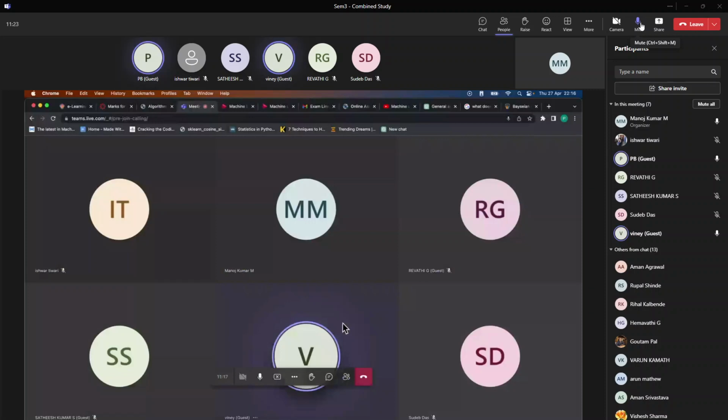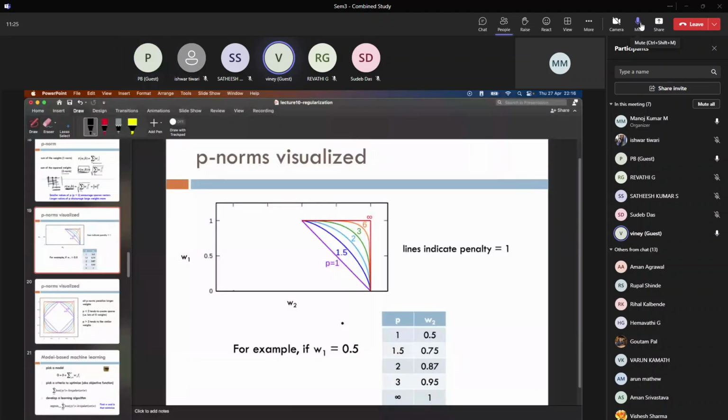Till that point, if you can create some material and share with us, we will be much more prepared when you go ahead with how it works from P norms to regularization. This will be much more participative. Okay, done.